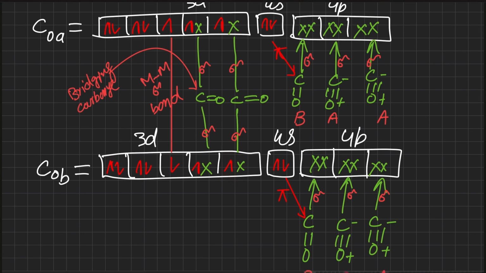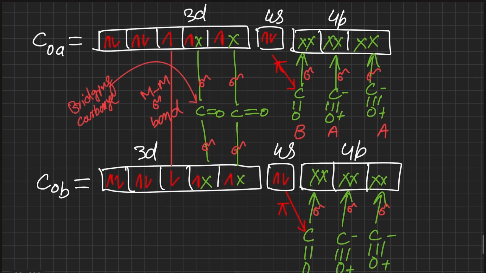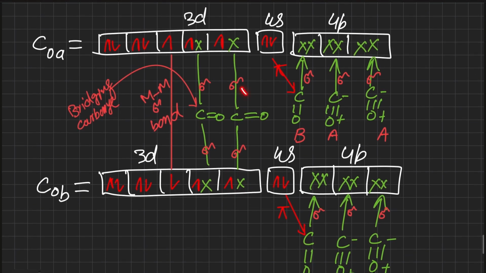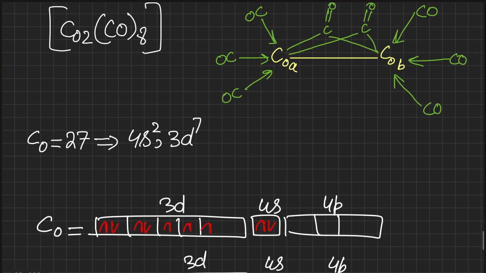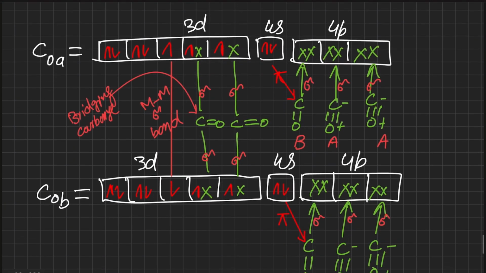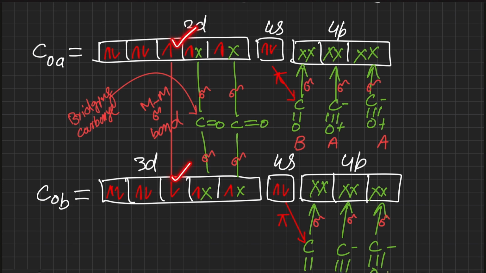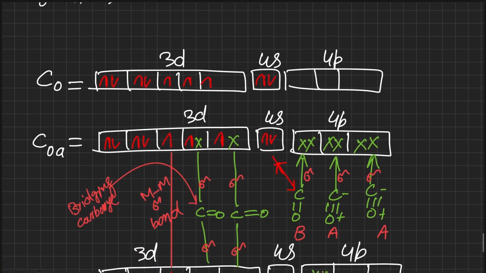So this is the single electron of cobalt and this cross is the electron of carbonyl. Same bridging carbonyl is here. So there are actually 2 bridging carbonyls. Third, we have now attached this metal metal sigma bond, and the remaining electrons will remain as they are in inert form.